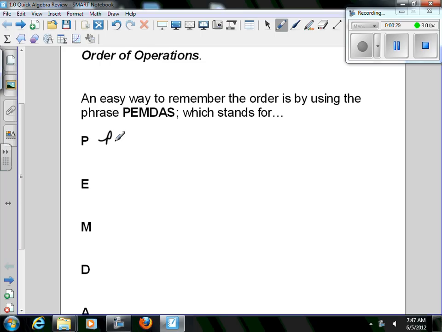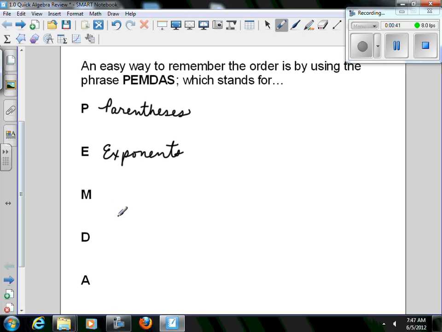parentheses, exponents, multiplication, and division. Now the thing with multiplication and division, you do those from left to right.